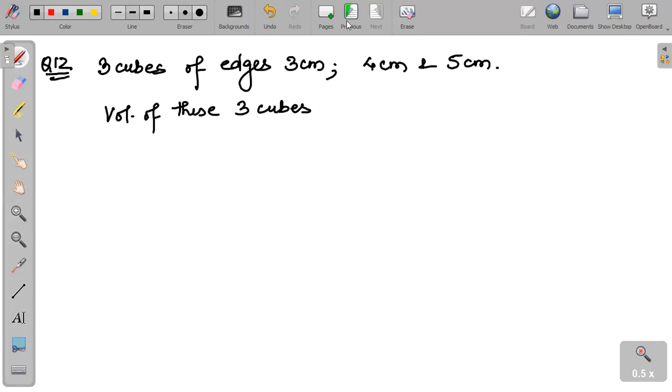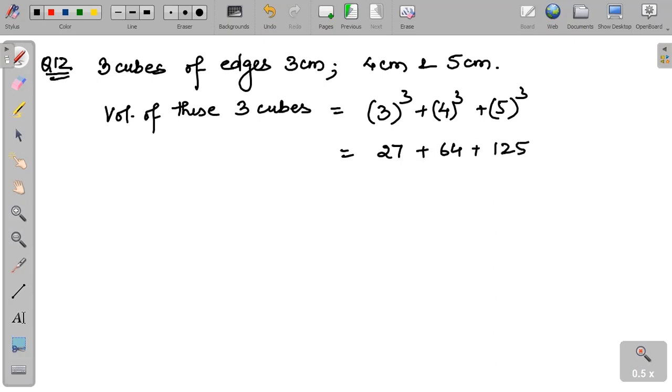So this is going to be 27 plus 64 plus 125 centimeter cube, which is 216 centimeter cube.